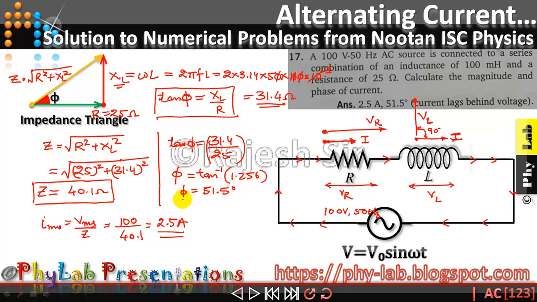Now students, remember, it is an RL circuit, or inductive circuit, not purely inductive. In any inductive circuit, the voltage leads the current. So voltage leads the current by a phase difference of 51.5 degree. Hope this discussion will help you to solve similar other problems given in the book.